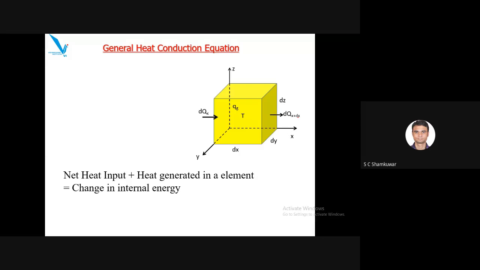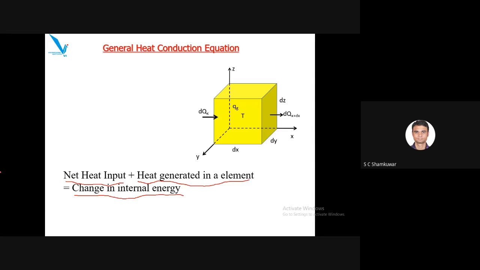Now we need to apply the first law for this rectangle. Now what will be the first law? The net heat input plus the heat generated in an element is equal to the change in internal energy.